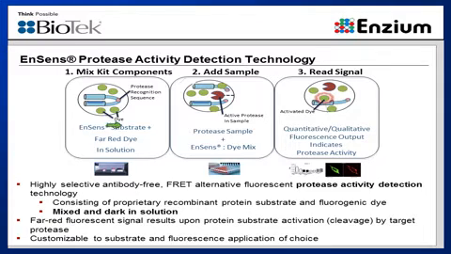Second, in the presence of the appropriate protease, the substrate is cleaved, exposing the dye binding site that you see here. And then upon binding of the dye, a far red-shifted signal is created. Therefore, little to no fluorescence is seen when the substrate is not in the presence of the correct protease.